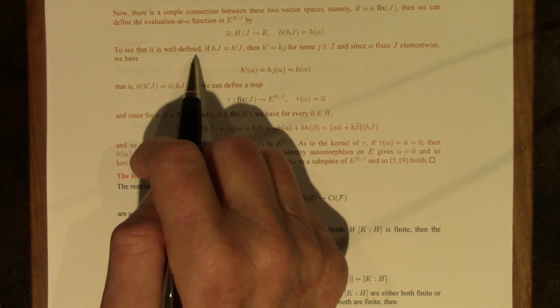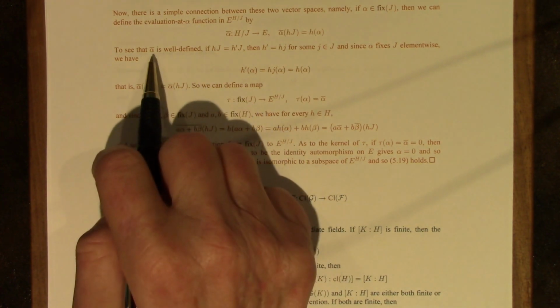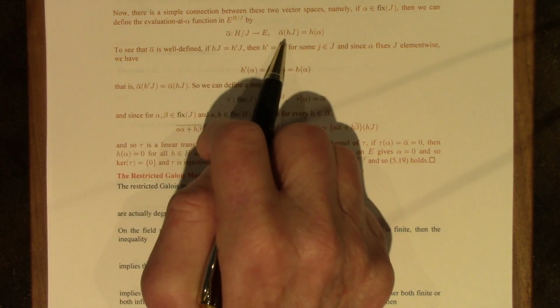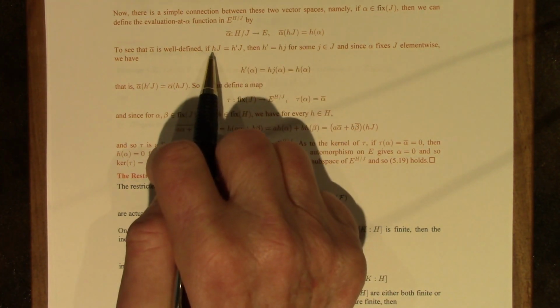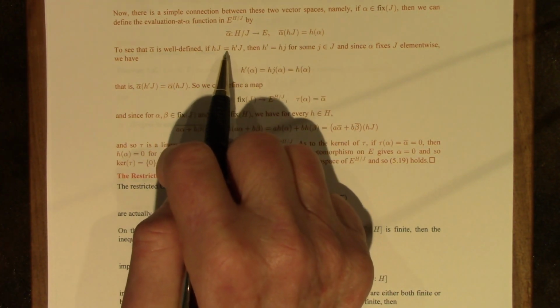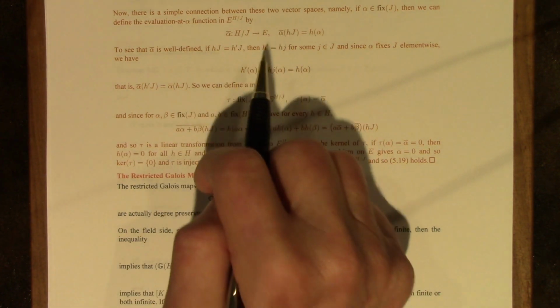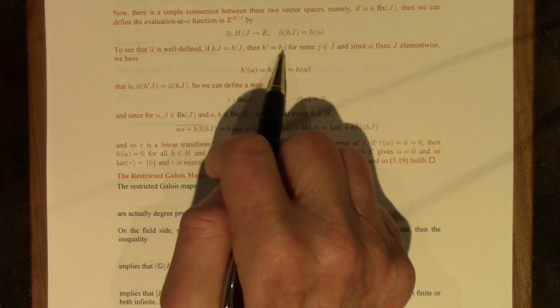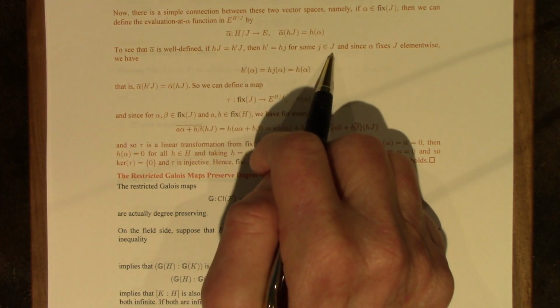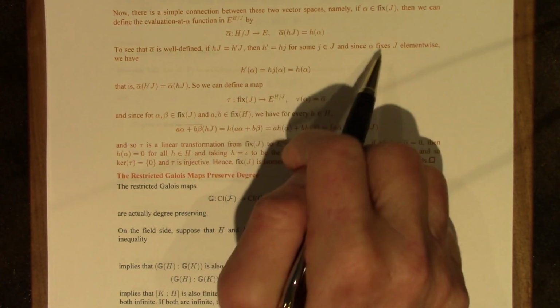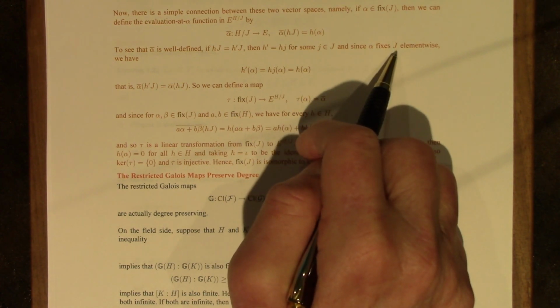First, we have to show that alpha bar is well defined, because we're defining it in terms of cosets. But if hJ is equal to h prime J, then h prime is equal to h times little j for some little j in capital J. But alpha fixes capital J element-wise.